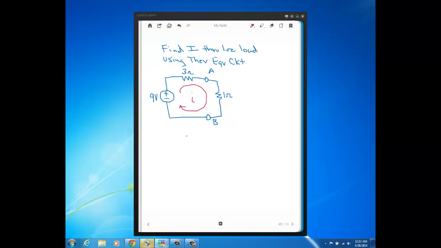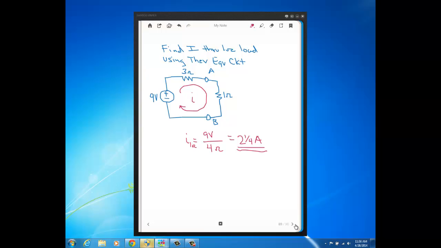That's a very simple Ohm's law: the current is the 9 volt source divided by the total resistance in the path. So 2¼ amps, that's our answer. This is the beauty of equivalent circuits: once you have your equivalent circuit, to find current, voltage, or power for the load, it's a very simple analysis.